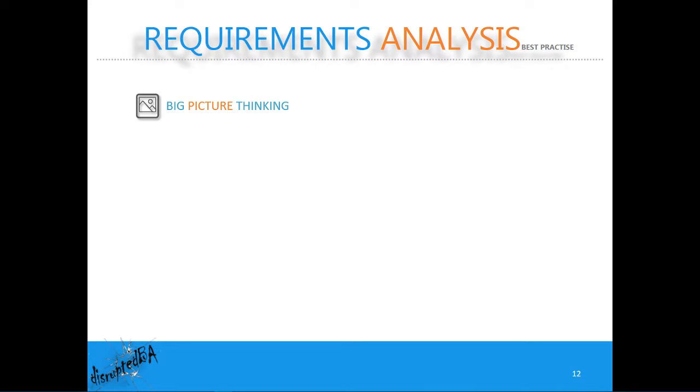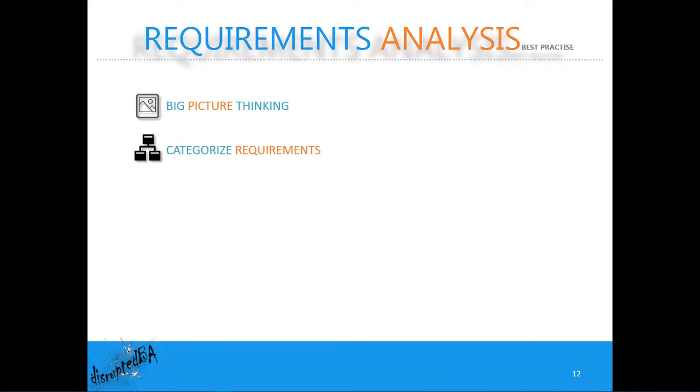Don't think small, don't think about just the requirement. Think about how it could impact other requirements at the end of the day. Again, if you use your different techniques and you do modeling, things like decision modeling will actually show you how different decisions will impact things downstream and how different components will impact components around them.